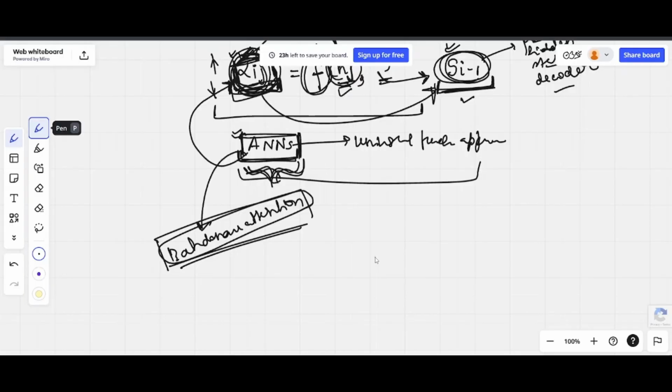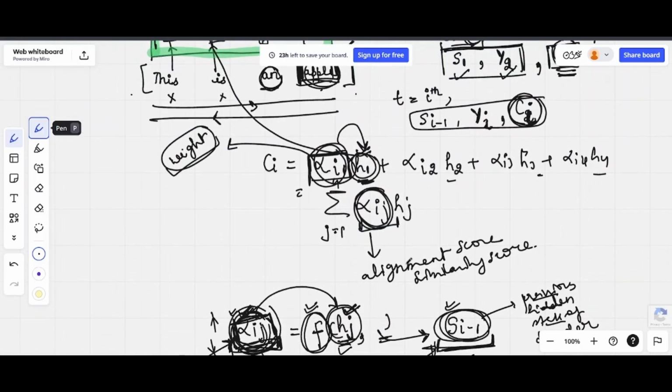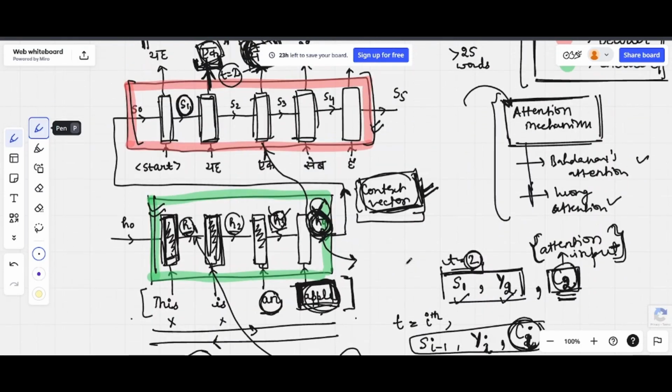Before moving ahead, just one correction that I want to make here: this is actually Y1, and I will tell you the reason behind it, or you must have figured out by now. This should be i minus 1 and this should be Y1, because what we get as output from here goes as input at the next time step.